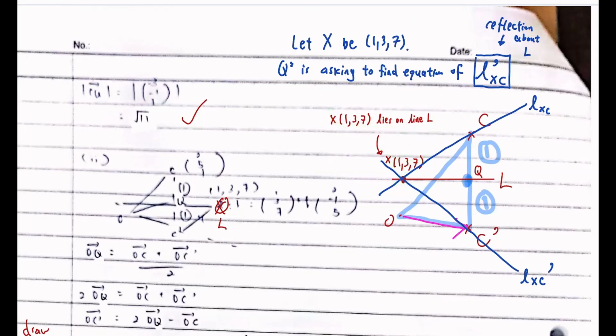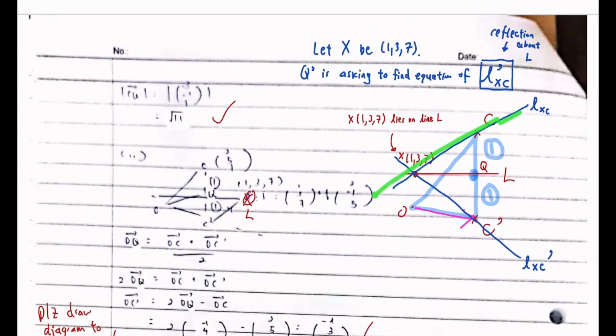Then they tell you the line passing through C and the point 137. So it's this line here, LXC. Is that what the question is asking you to find the equation of? Wrong. Read the second sentence: hence find the reflection of the line passing through C and point 137 about the line L. So what does it mean?